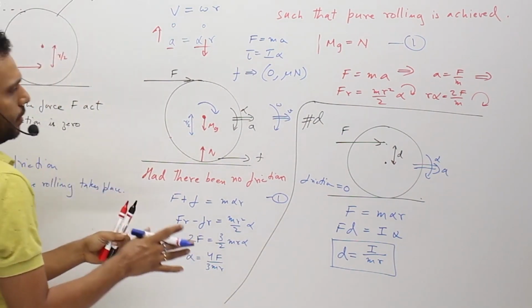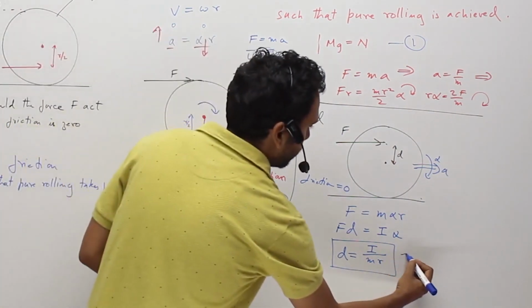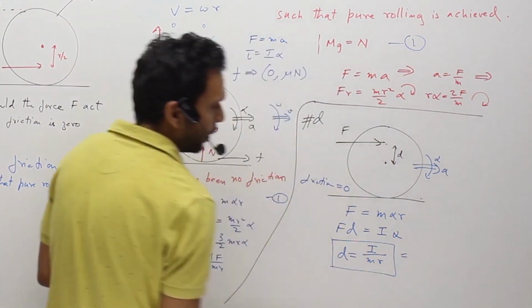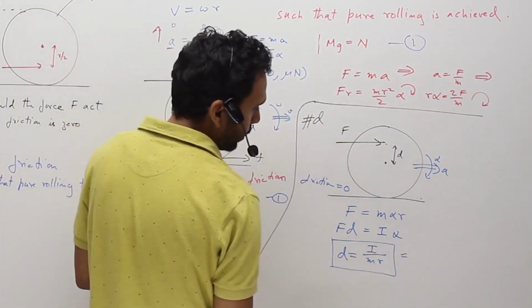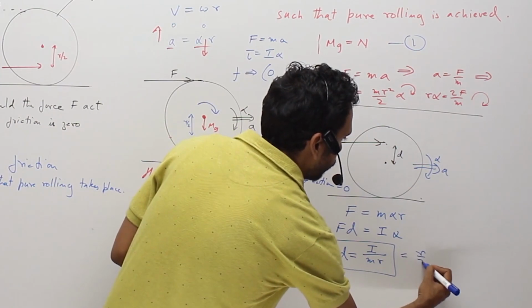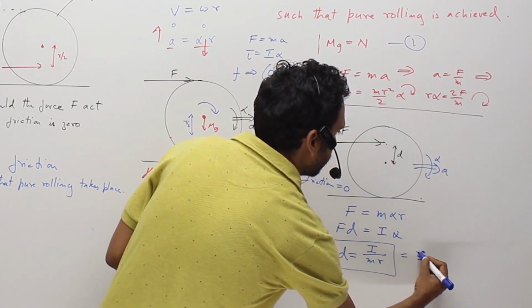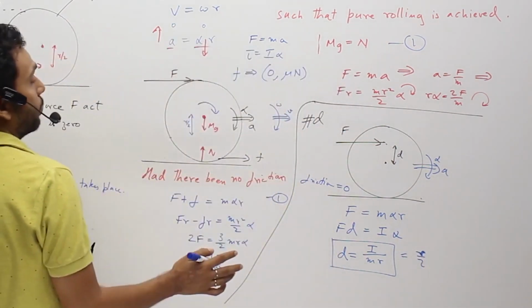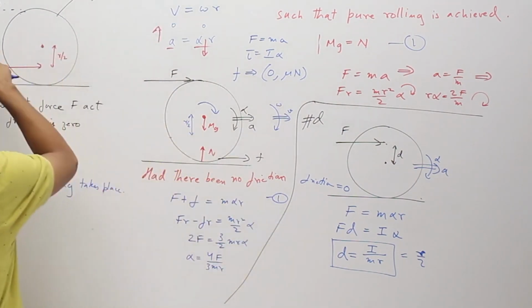If it is a disc, your I is mr square by 2. So your m and r get cancelled, and you will have r by 2 left. So that is what we were getting in the first case.